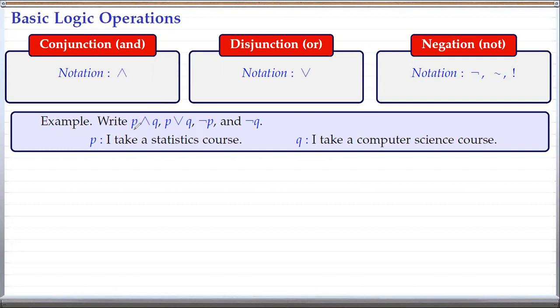We want to write these combinations of P and Q. The first one is P and Q. So this will look like: I take a statistics course, and I take a computer science course, or simply a computer science course.